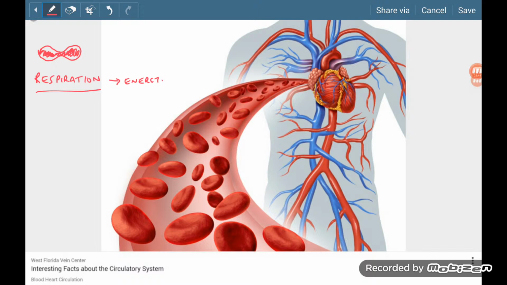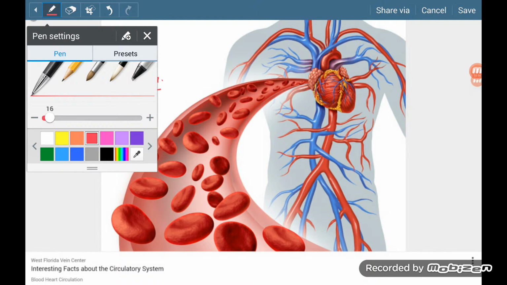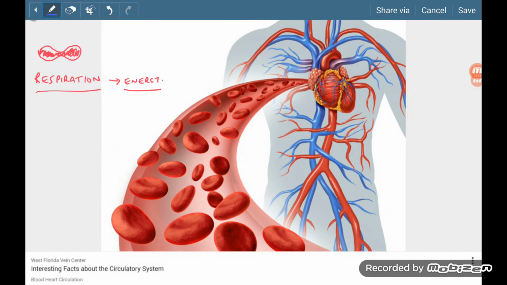And so we need a transport system to get the oxygen and glucose to the cells. But the other side of respiration is, as well as energy being released, which is the key, there are also the waste products of carbon dioxide and water. And we don't really care about these, apart from the fact that carbon dioxide, if there is too much in your blood, or in your body, will be poisonous.